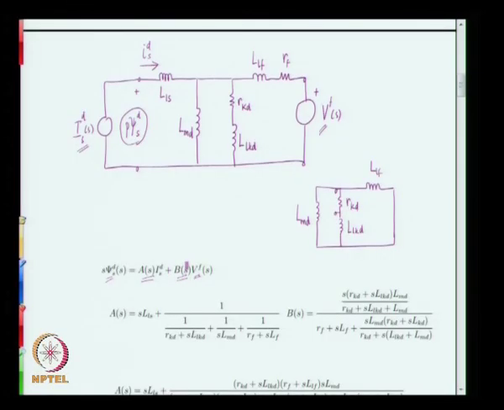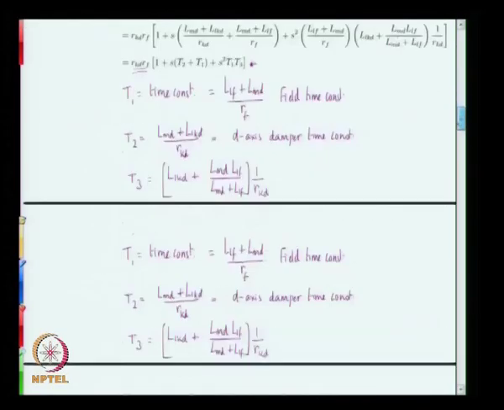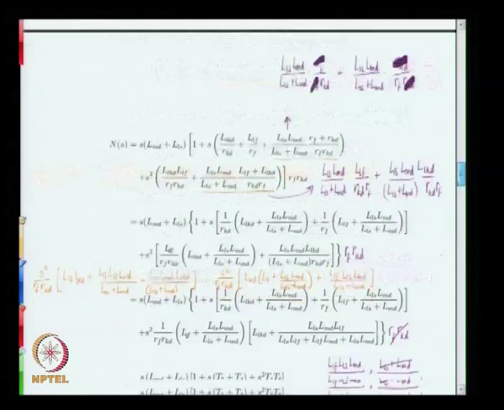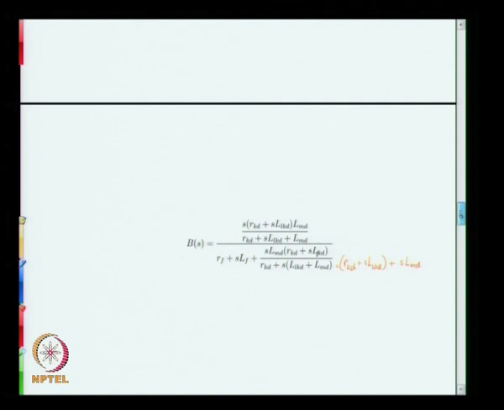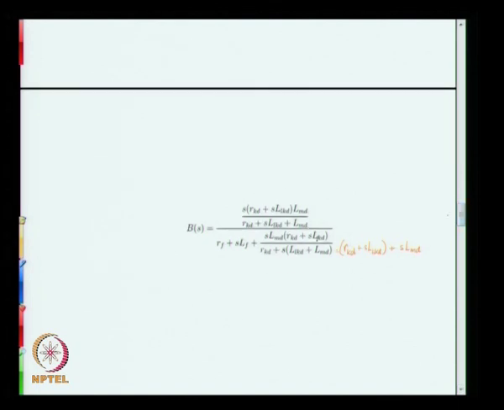Now we need to look at this B of S. B of S we have seen could be written like this. It is the same expression that we have written down there. So, the denominator again can be written as RF plus SLF plus SLMD into RKD plus SLLKD.